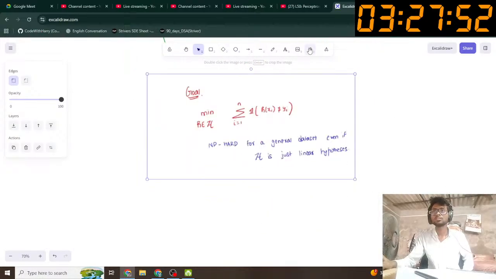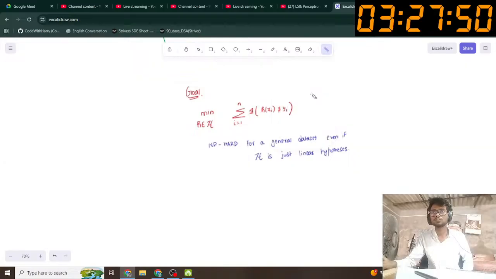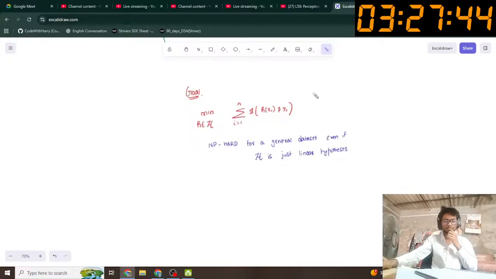This is simply a loss for the linear classification problem, and this loss is known as 0 1 loss, right? 0 1 loss.